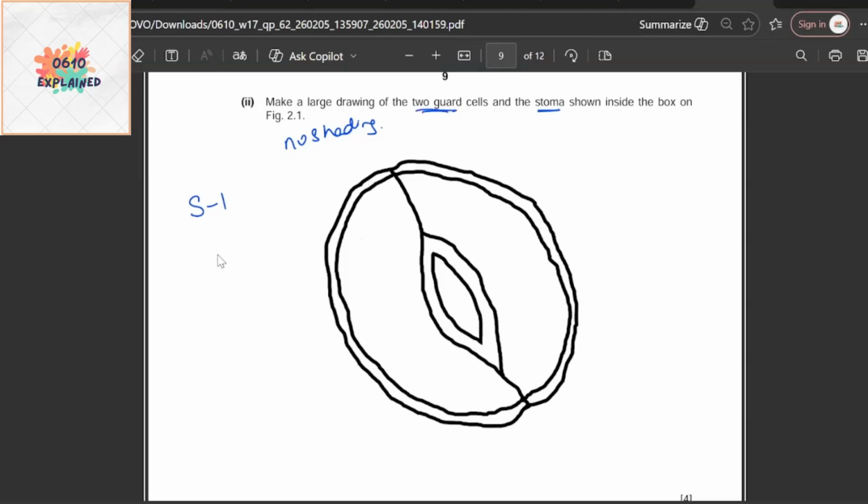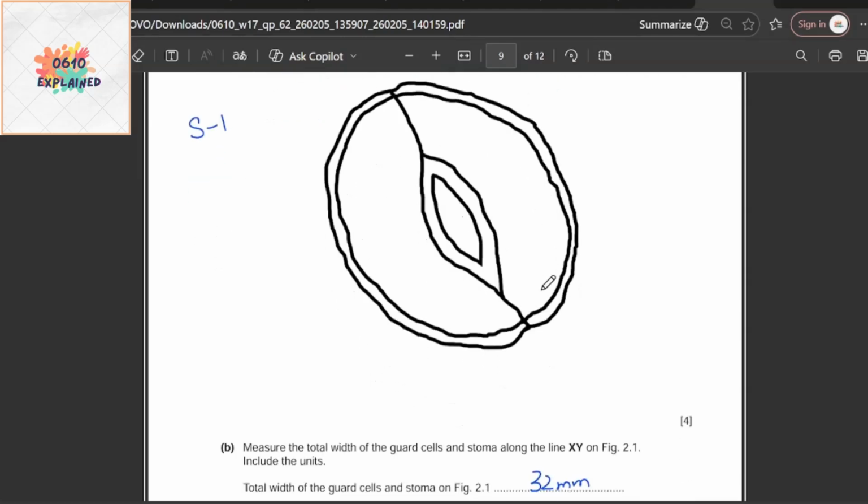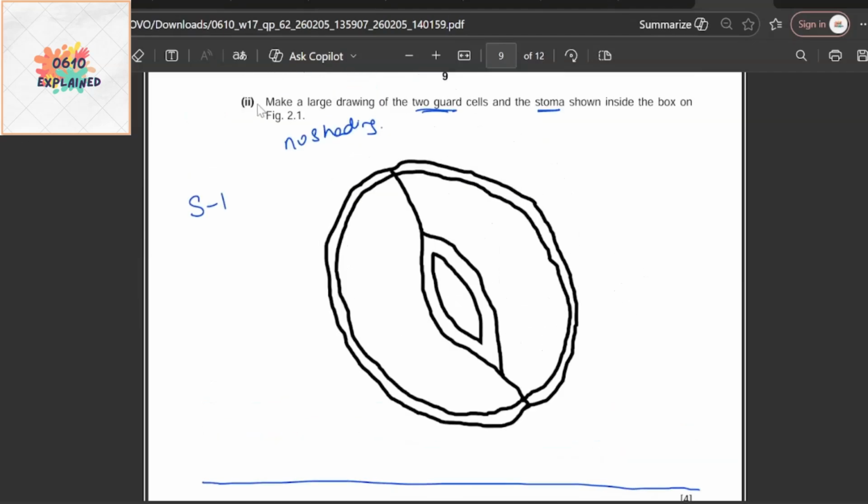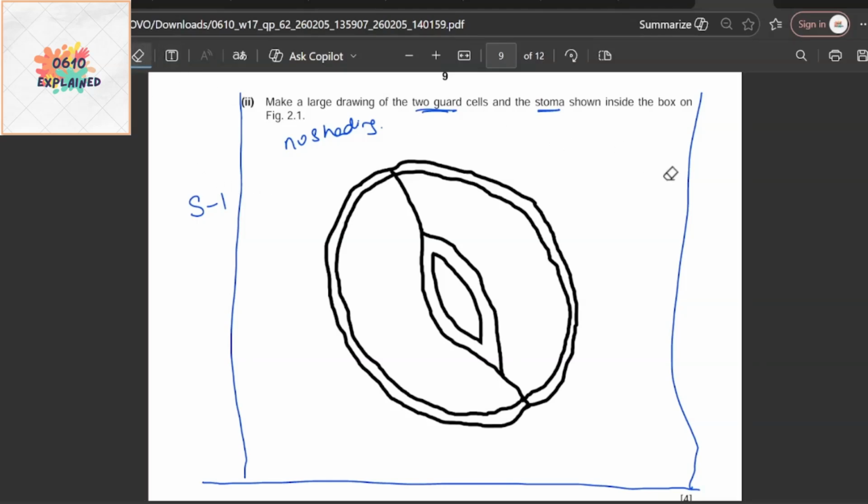The drawing should occupy, so pay attention, this is your line or the part which has been provided. You have to follow the margins according to what I'm drawing. Okay, in between, your drawing should occupy approximately 70% of the place.